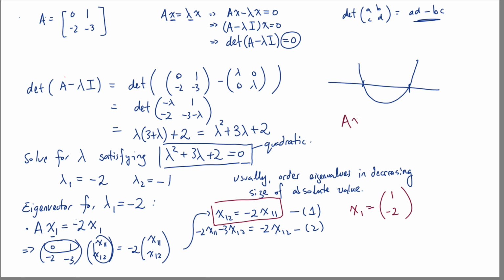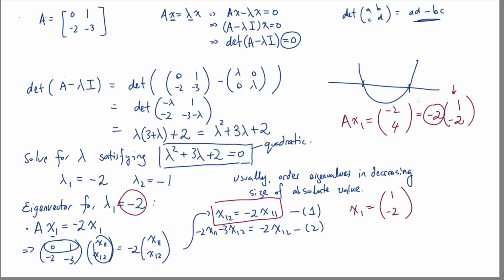So A x1 is going to be -2, and multiply the second row by this column, we'll get -2 plus 6, so 4. And this is just going to be equal to -2 times the vector. Okay, so you can see that this is the eigenvalue that we're looking for.